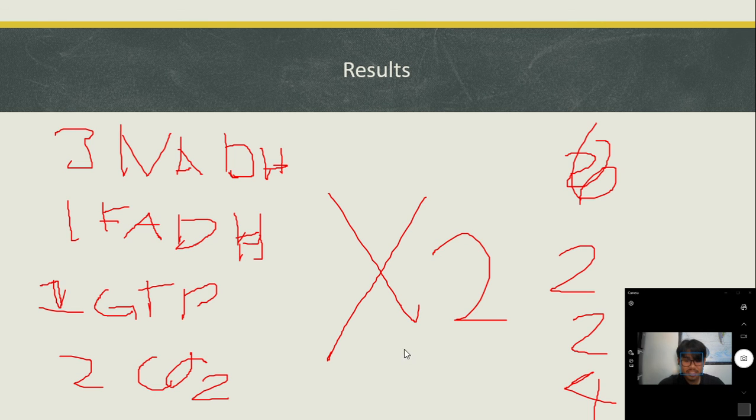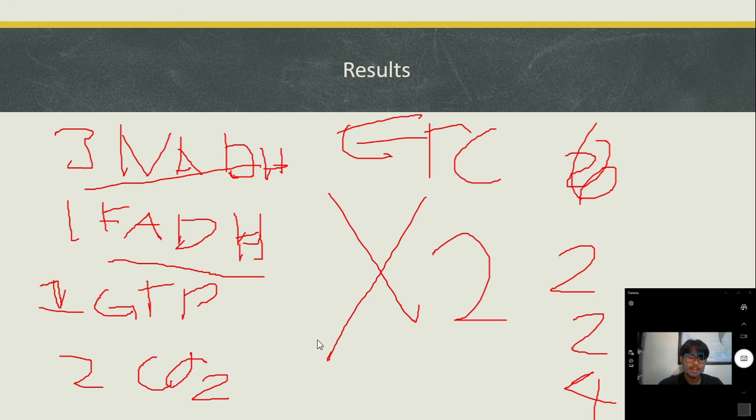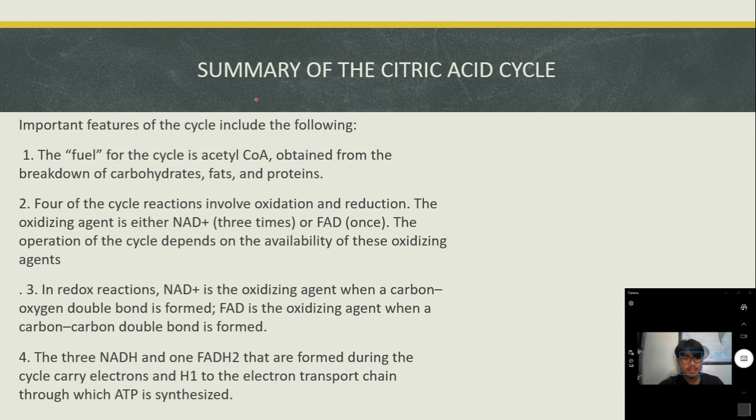All the NADH and FADH2 here go next to the electron transport chain, also known as the ETC, for generation of ATP. So here's the summary of the citric acid cycle. You can read it. So you gain a lot from this topic.